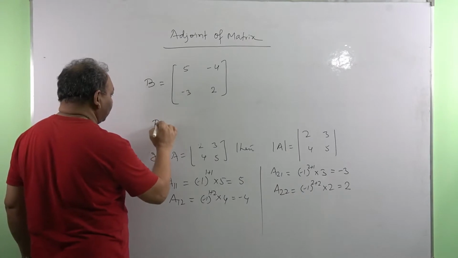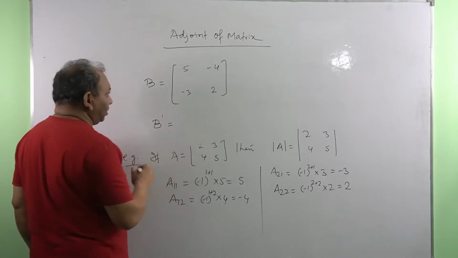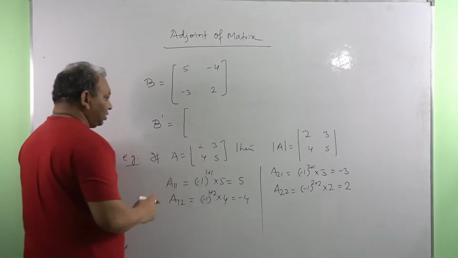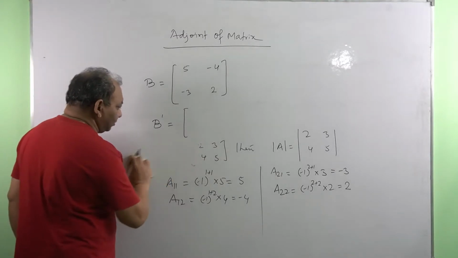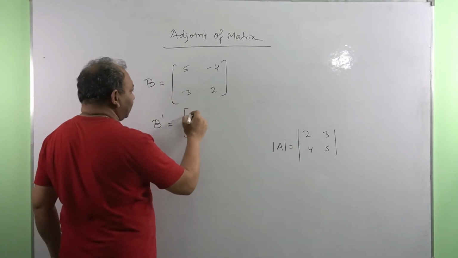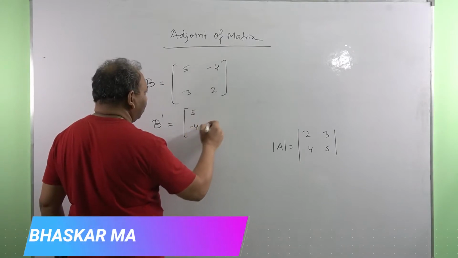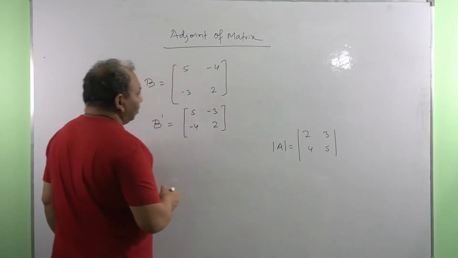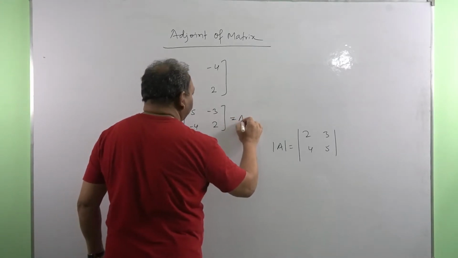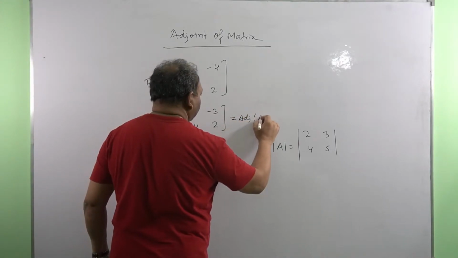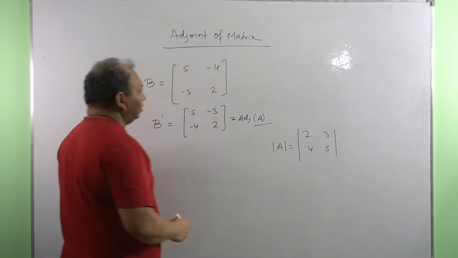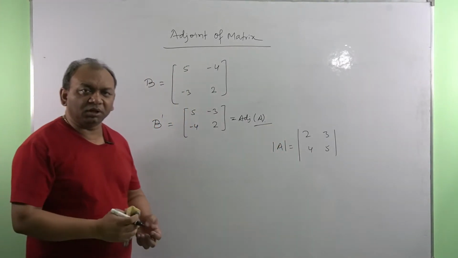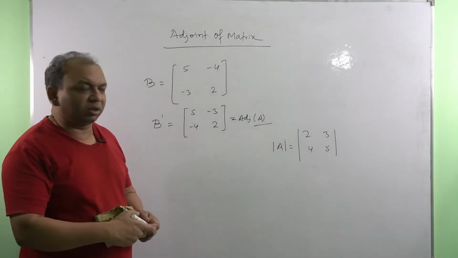B dash or B to the power T is equal to interchange rows into corresponding columns. So first row becomes first column: 5, minus 3, minus 4 and 2. This is called adjoint of matrix A. So this is the example of adjoint of matrix A of second order.